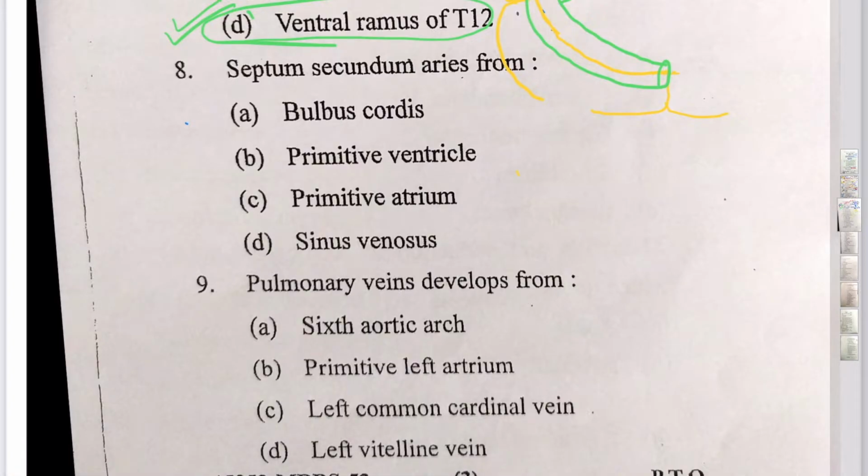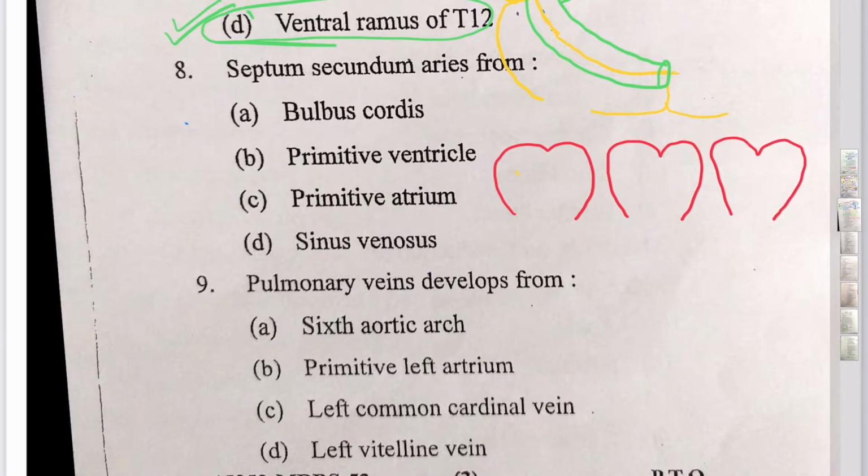What I'm drawing here is, let's say, the two atrial chambers. I'm drawing it as 3 consecutive chambers so that you can see the differences that happen. Here you find the cushion being formed. This is the endocardial cushion.